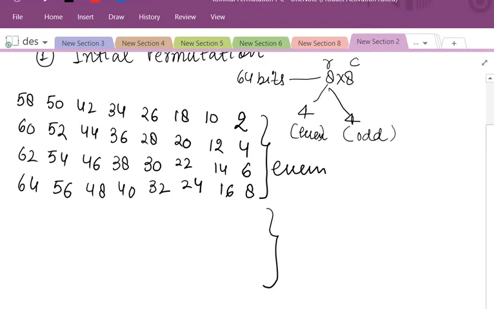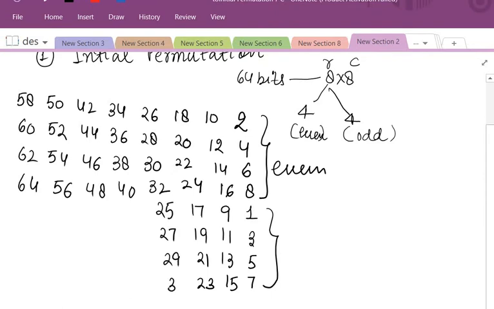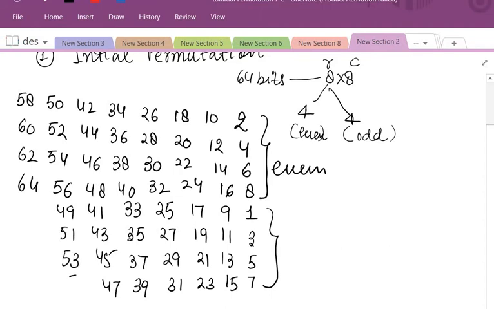Start from 1, then 3, 5, 7, 9, 11, 13 and 15, 17, 19, 21, 23, 25, 27, 29 and 31, 33, 35, 37 and 39, 41, 43, 45 and 47, 49, 51, 53 and 55, and the last one will be 57, 59, 61 and 63.